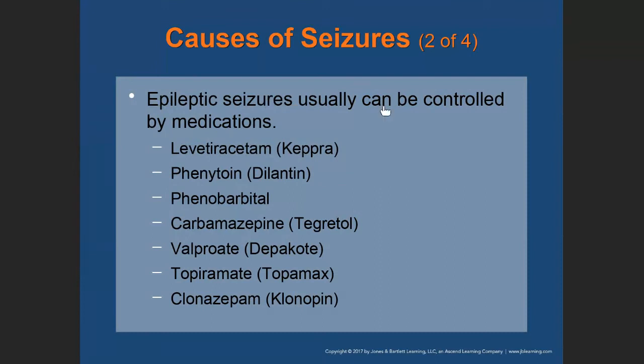Epileptic seizures usually can be controlled by medication, and these are the medications that these patients are usually taking or may be given, right? So wherever this is in your book, make sure you make a note of that. These are medications for you to be familiar with. Not in the sense that you're going to help the patient take the medication, but when you see it, you know that this patient probably has a history of epilepsy.